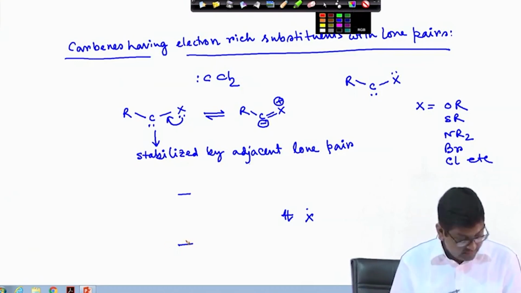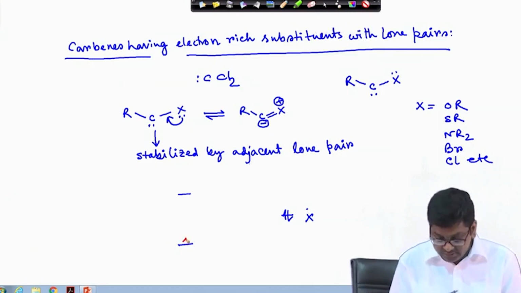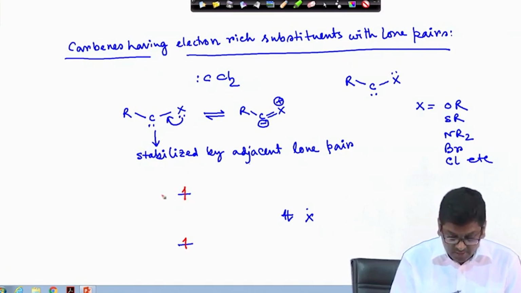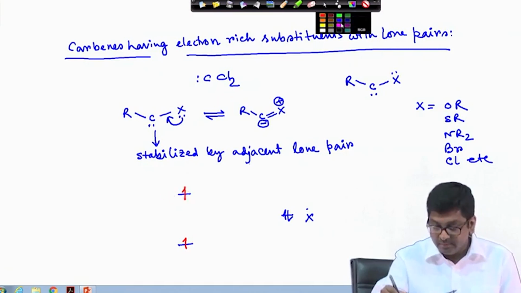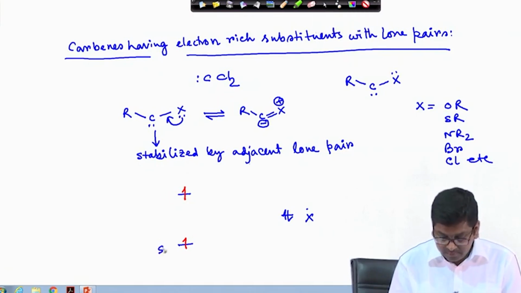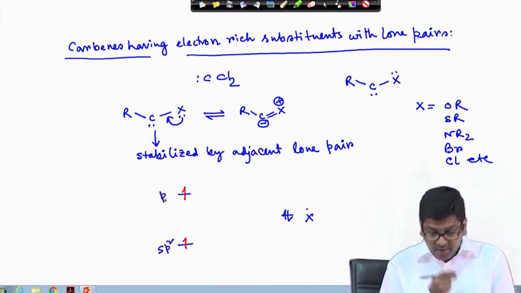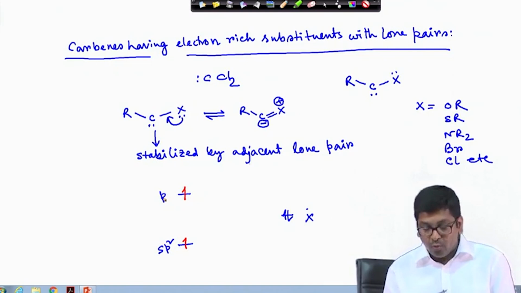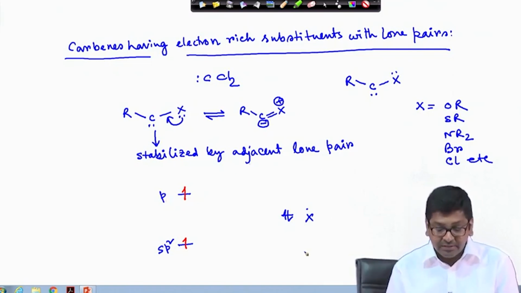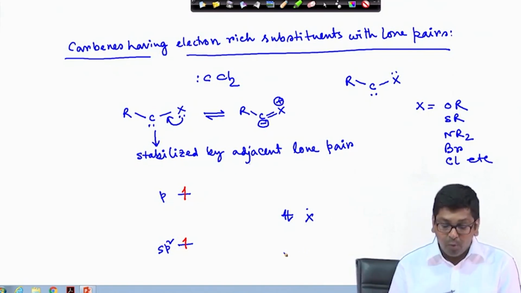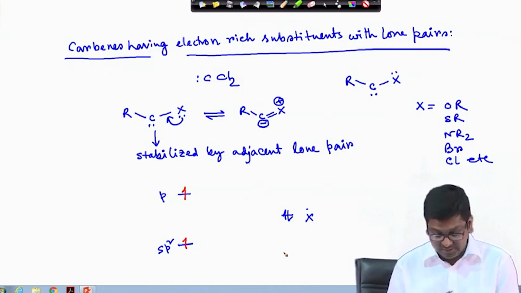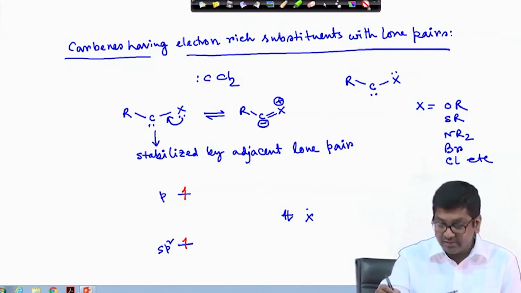And this is the sp2 and p, okay. Now once these orbitals overlap, they will generate lower energetic new orbitals, okay. How is it? Now we will see.